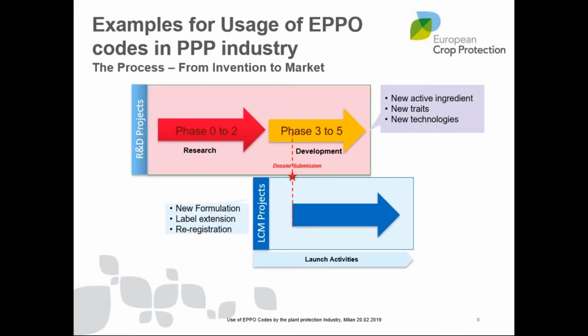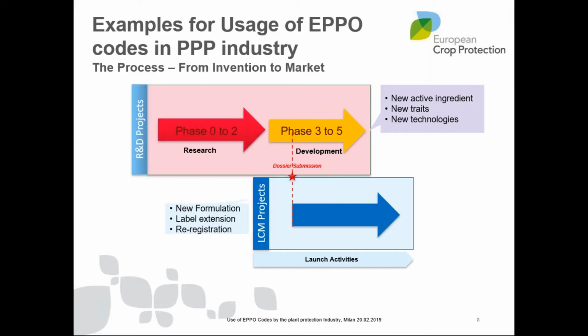So during that process, and of course for LCM projects, you don't have to do the active ingredient screening. You start later on with testing different formulations and maybe additional crops. And during that whole process, lots of different activities are involved.